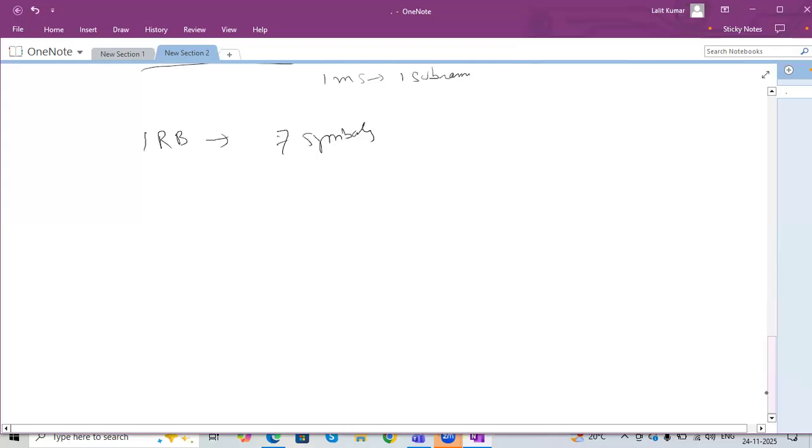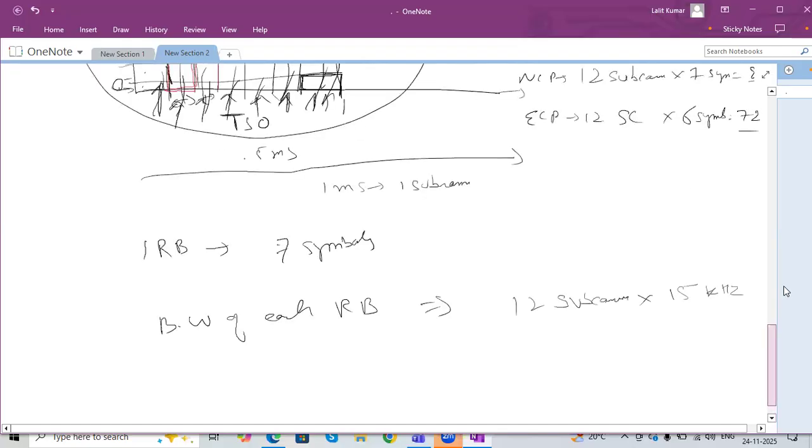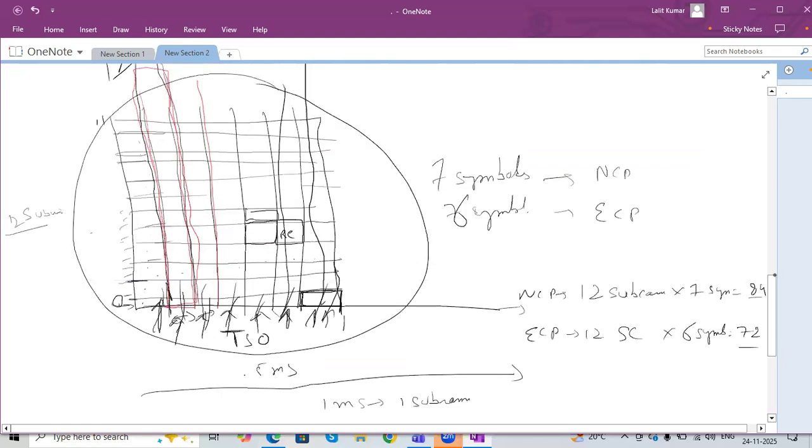So what is the bandwidth of each resource block? First of all, there are 12 subcarriers. Each subcarrier will be 15 kilohertz. The subcarrier spacing of LTE is 15 kilohertz: this one 15 kilohertz, then 15 kilohertz, then 15 kilohertz.